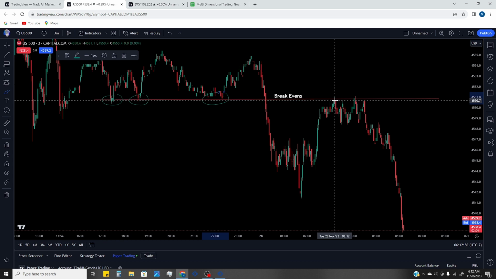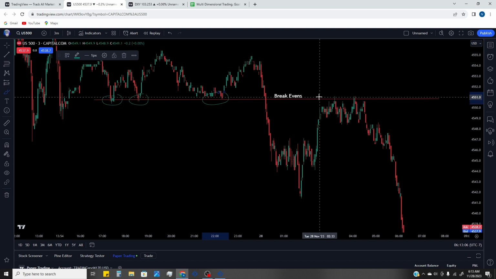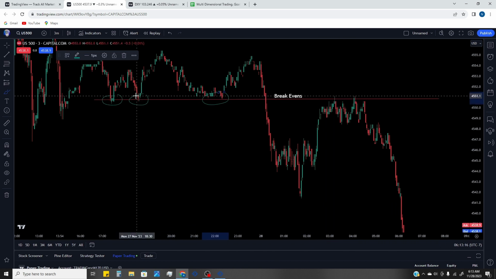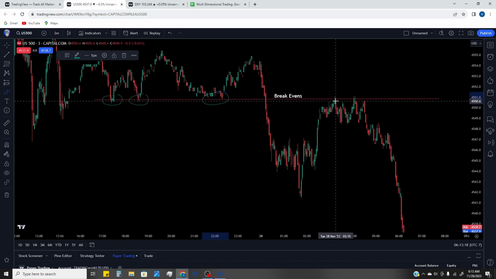So the point of this is to understand that if the majority of people are going to perform a specific action, or there's a high probability of them performing a specific action, like selling their position because they finally got their money back, they get out of that position and sell.